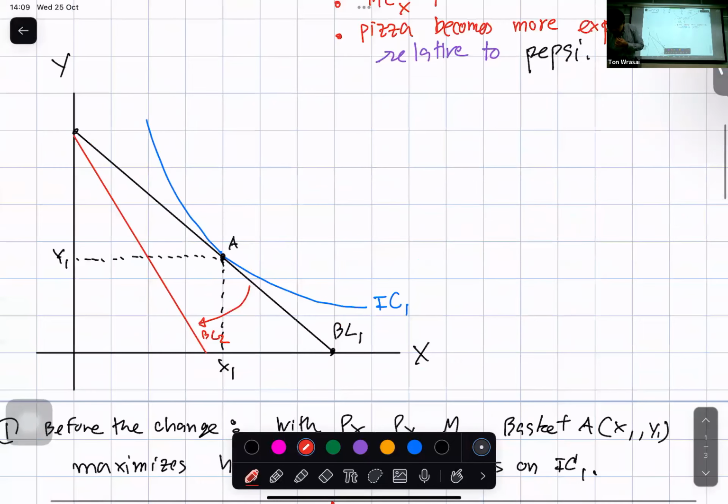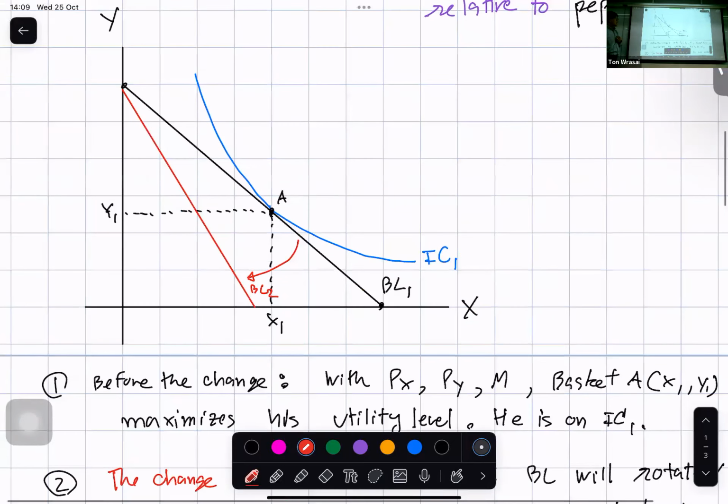Yeah, the picture says it. Now, this guy cannot buy basket A anymore. Now basket A is beyond his budget set. The best he can do now, if he wants to spend all his income of 2,000 baht, is to spend along this red budget line.